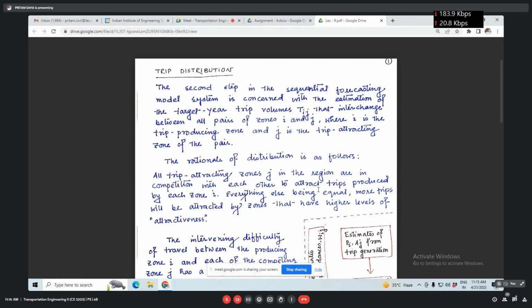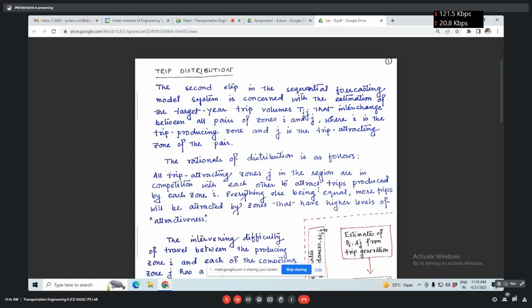Now, what is attractiveness? Attractiveness is something which is eventually expressed in terms of impedance offered between these two zones. These two zones, your IIST campus, the zone where Avani Mall is, and the zone where South City Mall is, will have some spatial separation.